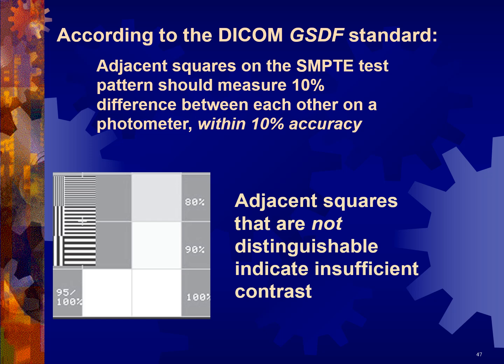Adjacent squares that are not distinguishable indicate insufficient contrast. Like, I can see a just noticeable difference between 90% and 100%. So you should be able to tell the difference with a 10% change in luminance response.